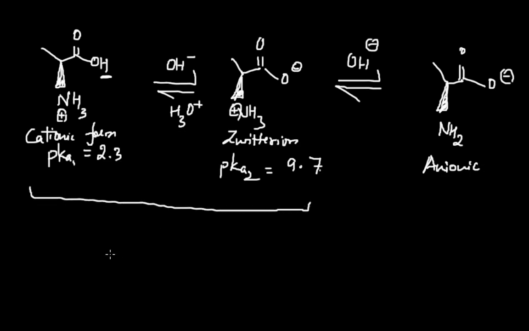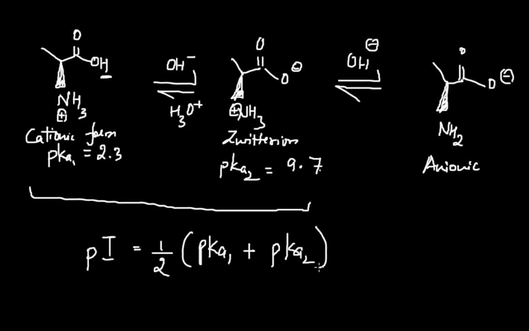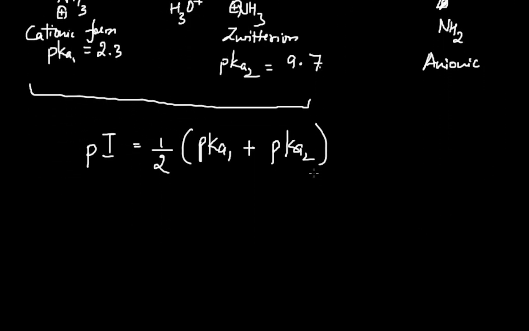So your pI is the average of pKa1 plus pKa2. Here, let me calculate. That is half of 2.3 plus 9.7, which is, I think, 6.